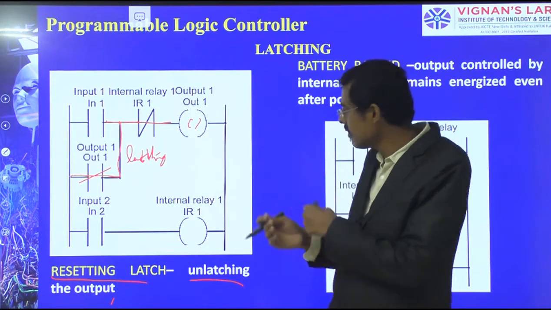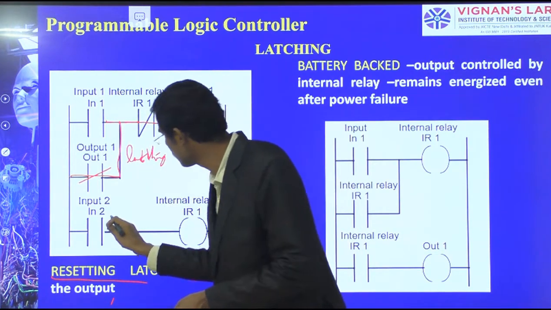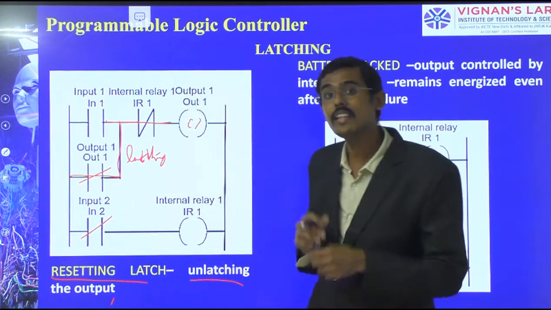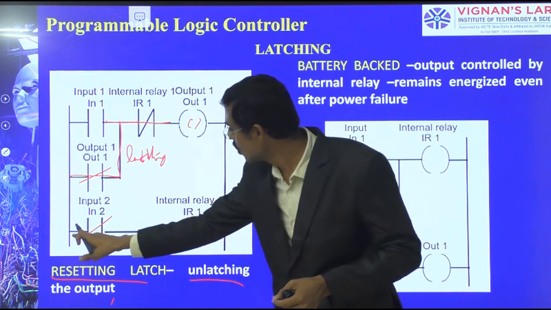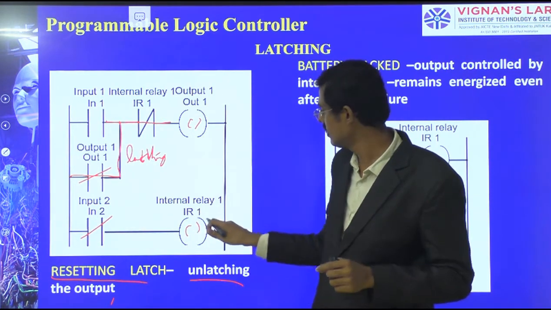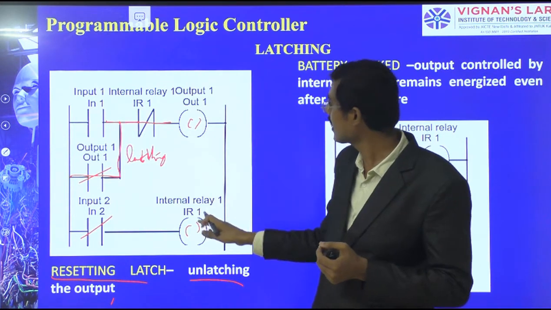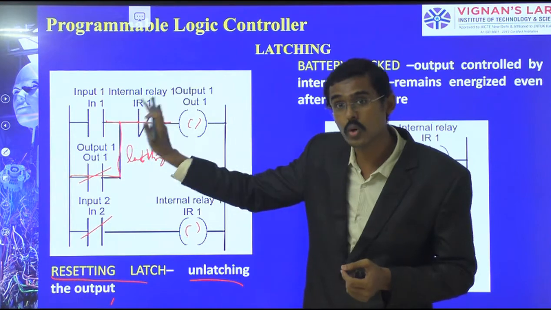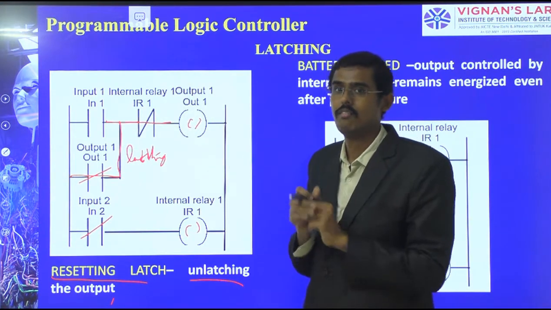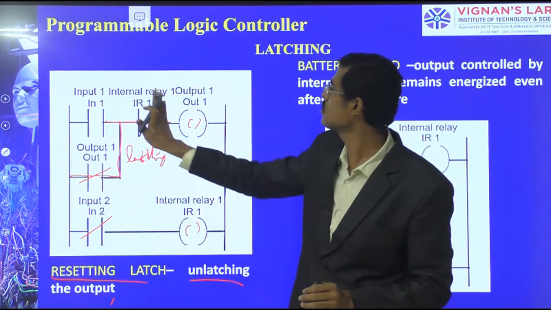Now, having given input 1, I'm giving input 2. When input 2 is there, it is going to press or activate relay coil 1. This relay coil I have connected in a normally closed position, at the nil position. From the nil position I am going to activate it. When it is activated, here also it is activated.